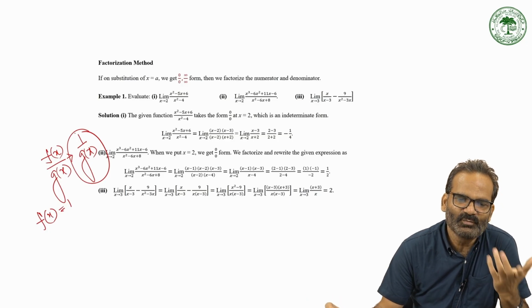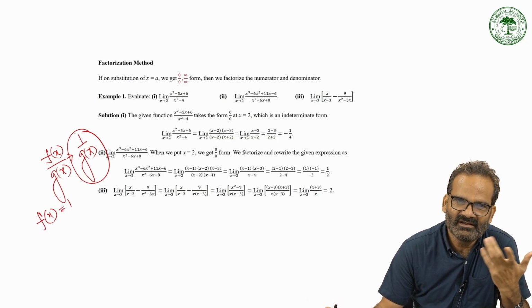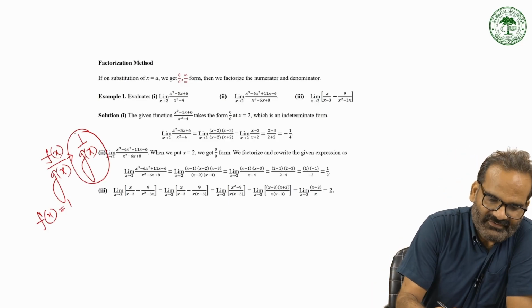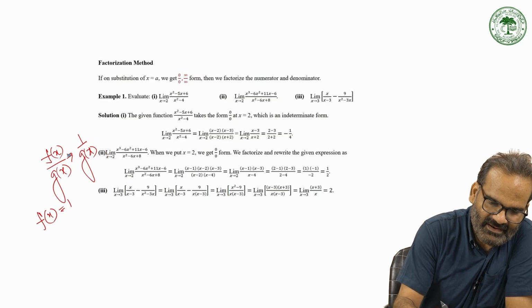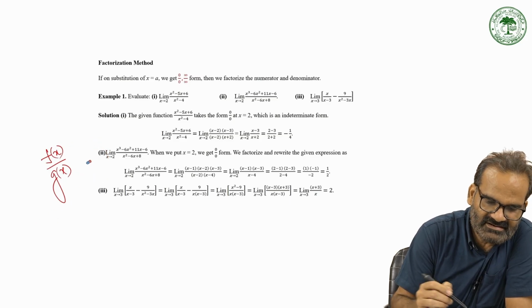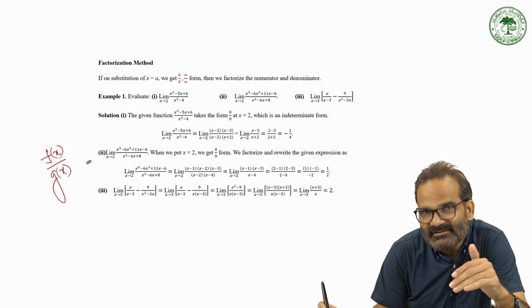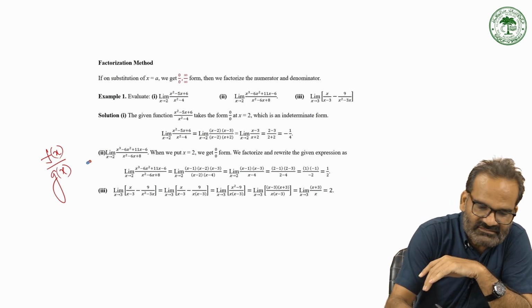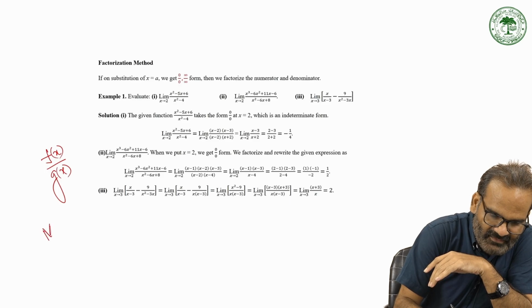At most, the numerator f(x) may be equal to 1, then your function will be 1 upon g(x). Again, we have a numerator, that is 1. After having a function of the type numerator and denominator, what do we do next? We have already studied method 1. So what will we do first? First, we will use the method of direct substitution, right?